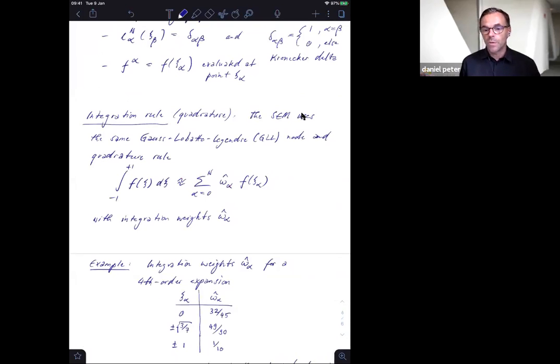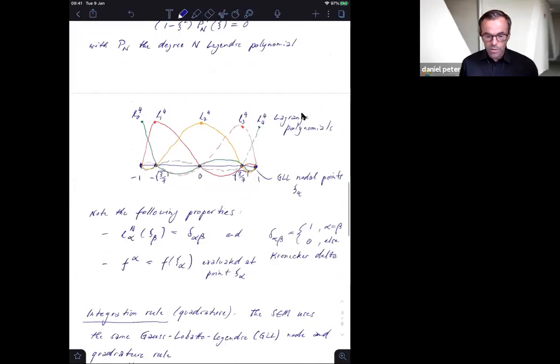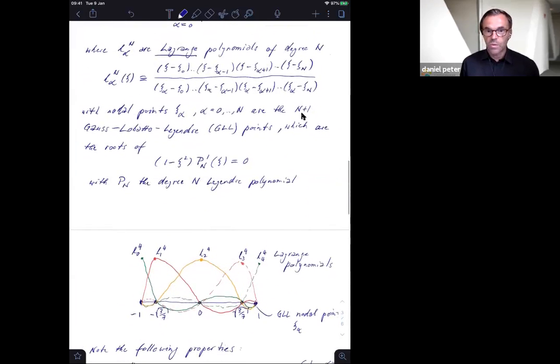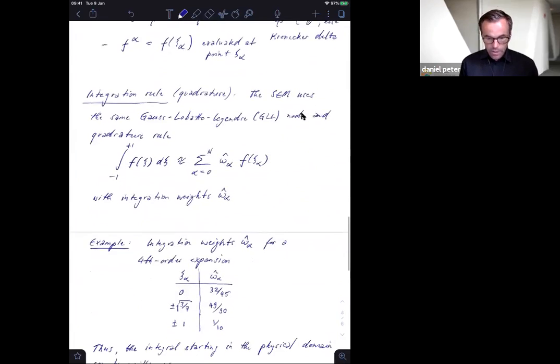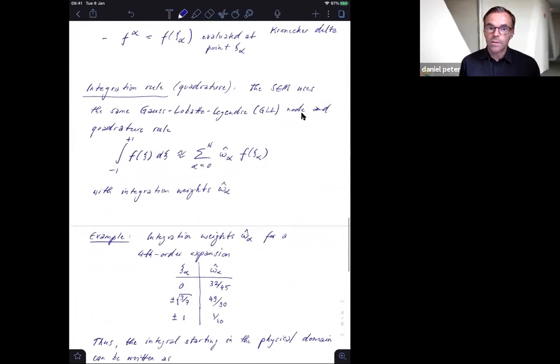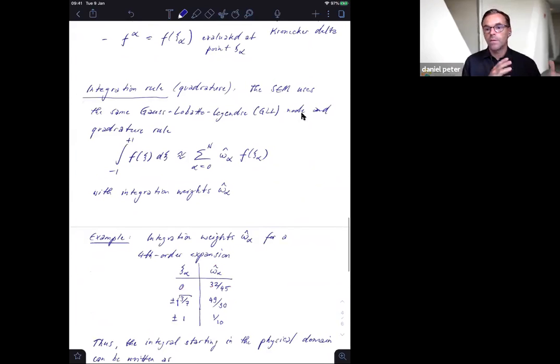But you could use third order Lagrange polynomials here, or degree 2 polynomials, or even linear degree 1 polynomials if you like. And then you use it together with GLL points and this quadrature rule, and you will have a spectral element method. So it's just a particular flavor of a finite element method. Okay.